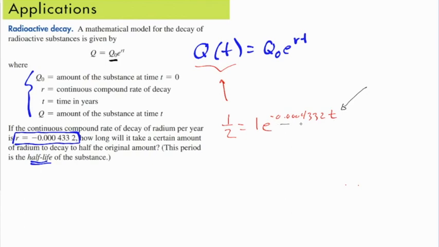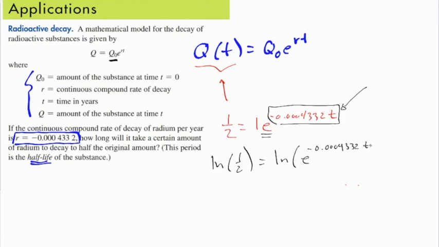Again, because it's in the exponent, we need to use logarithms. Because the base is e, the logarithm we're going to use is ln. So ln of 1/2 equals ln of e to the negative 0.0004332t. And we understand that this number is going to come out front, and that the ln of e becomes 1 and cancels.